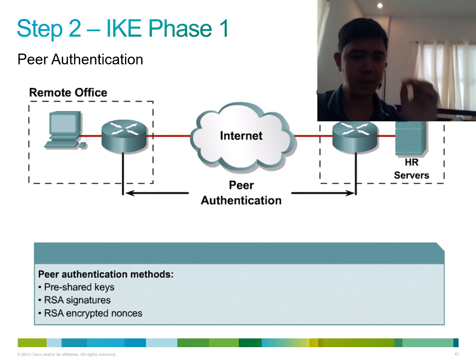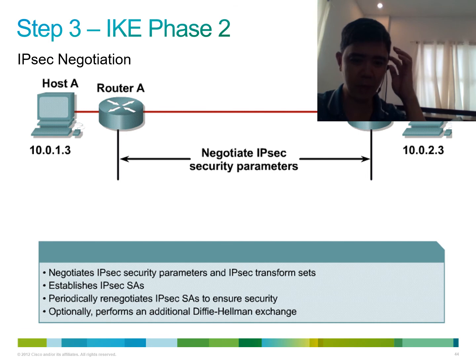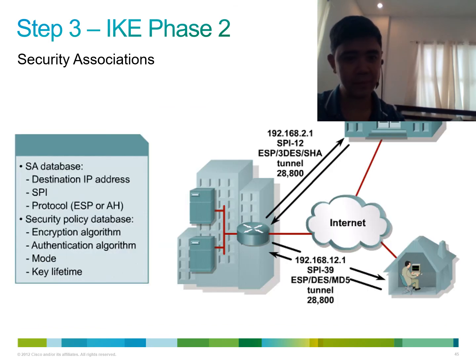Phase 1 again, its main agenda is to establish the connection. The first thing it will do is authenticate peers. During this authentication phase, there is data to be sent, for example the password or the pre-shared key, and it needs to be protected as well. For phase 2, this is again where we write down security parameters for our data.